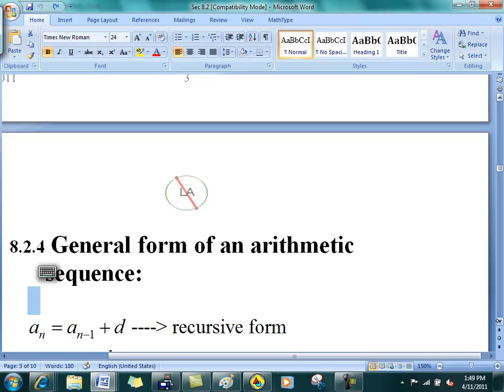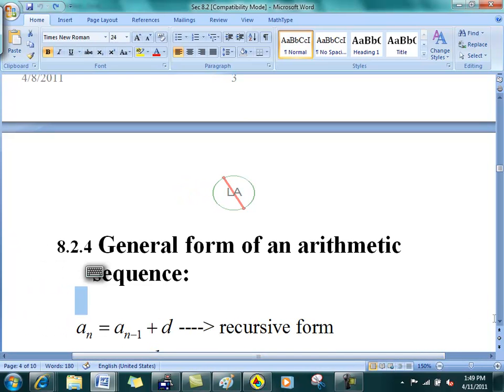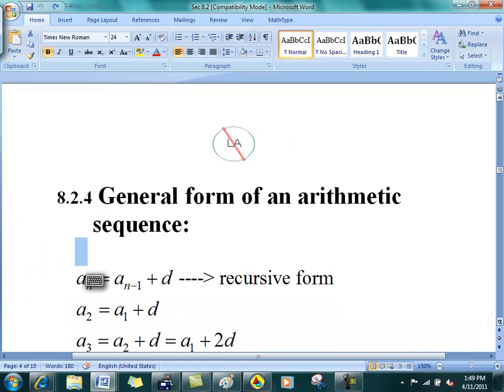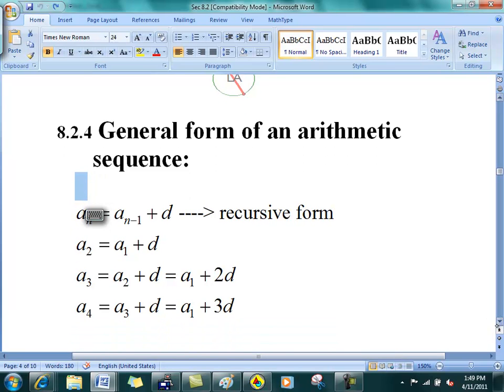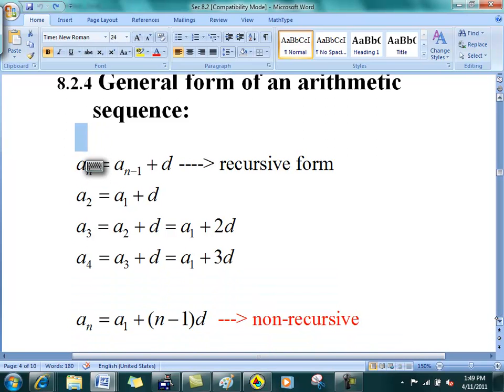Like we just heard earlier, Tatiana was saying that one way of writing a sequence is recursive. The very first equation that you see there is a recursive way of writing an arithmetic sequence, and the last one is a non-recursive or functional form of an arithmetic sequence.